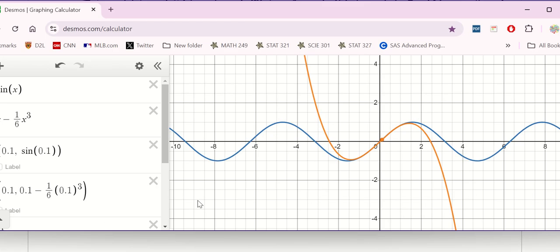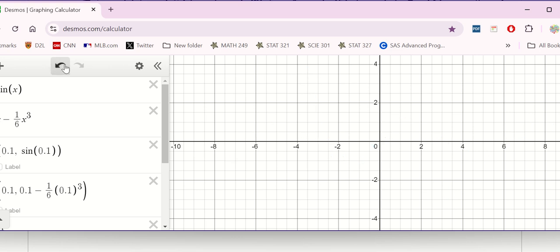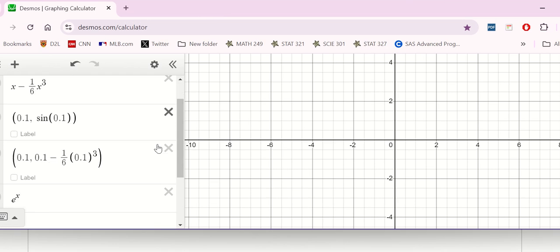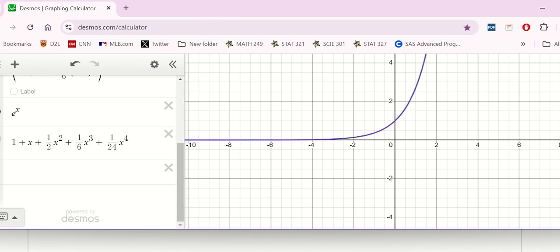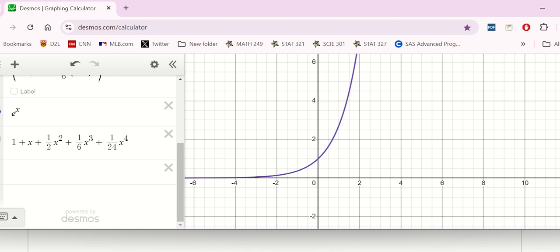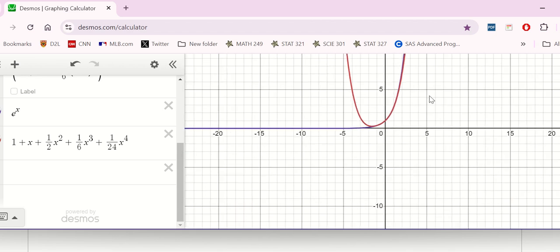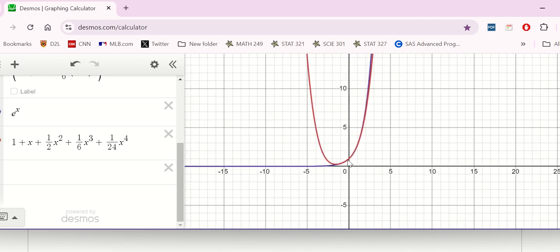And now again, just to put a visual to this, let me get rid of this stuff from the previous example. Here's e to the x in purple, looks like that. And here's the fourth degree Taylor polynomial that we just calculated. So we calculated this for values of x near 0.